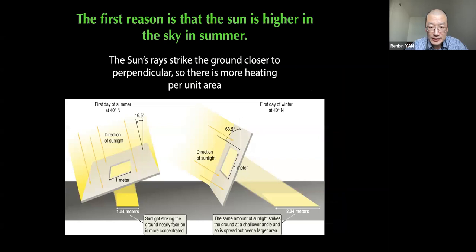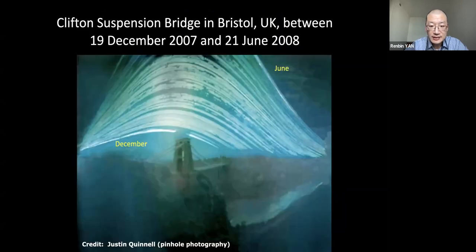But there's a second reason. The second reason is the duration of sunshine. In summer, we have much longer daytime, and in winter, we have much shorter daytime. Here is a picture showing the tracks of the sun throughout the year using a pinhole camera. This is taken in England.